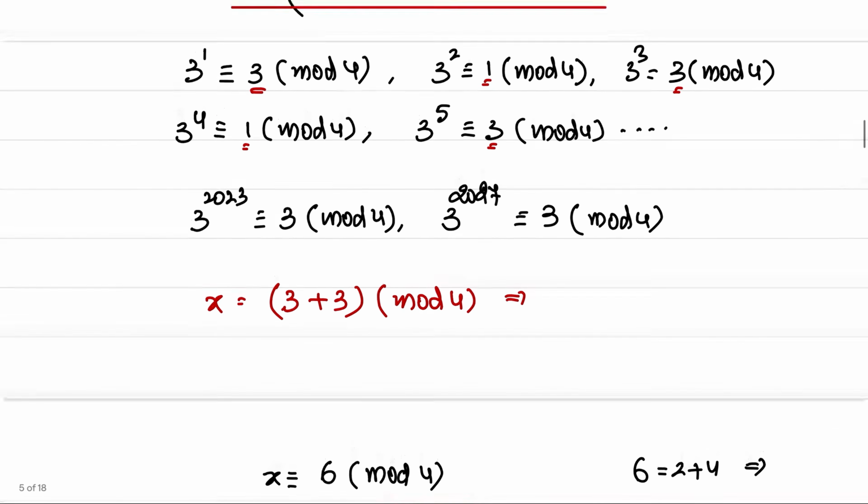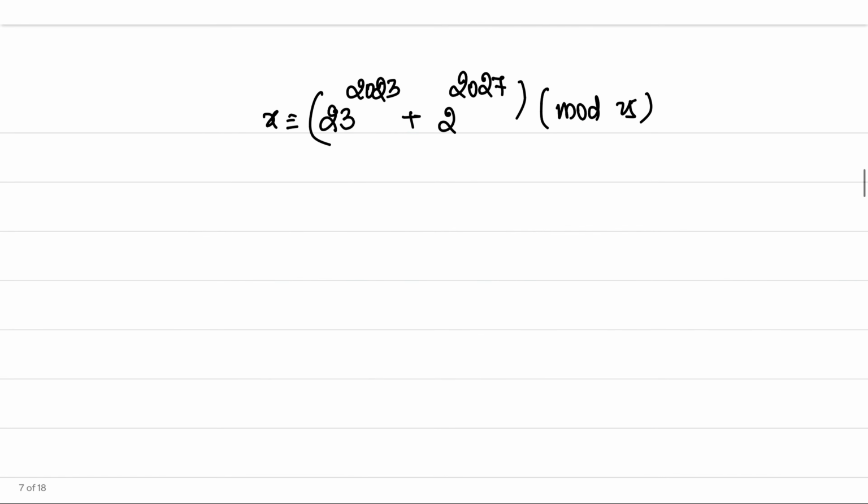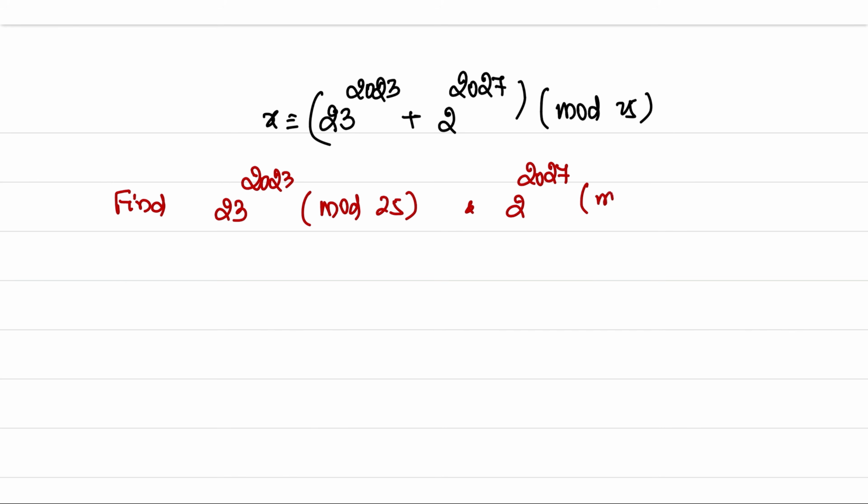The way we have found out 3 to the power of 2023 mod 4 here, similarly, we have to find 23 to the power of 2023 mod 25 and 2 to the power of 2027 mod 25. These two things we have to find out.